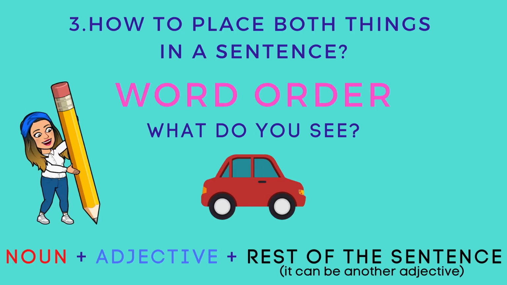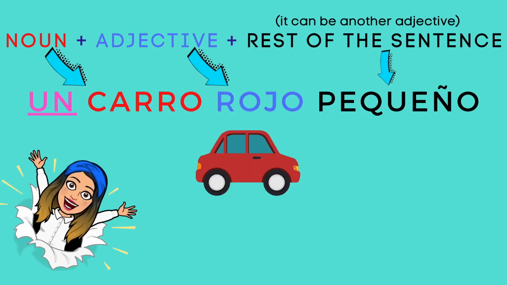Now let's find out how to place these words in a sentence. Here we have, excellent. First, we said noun. Un carro. Un is an article. Un artículo. Article. Carro.